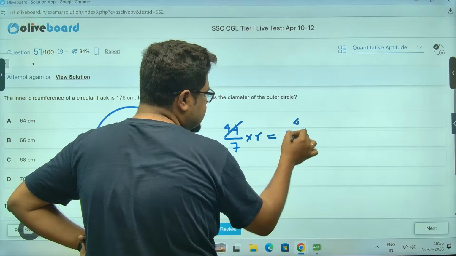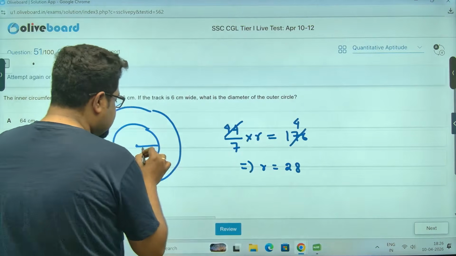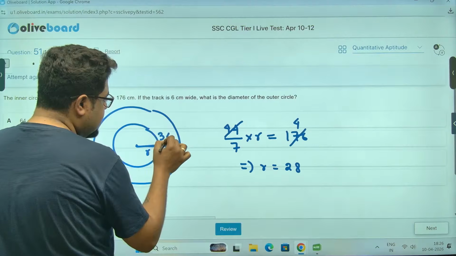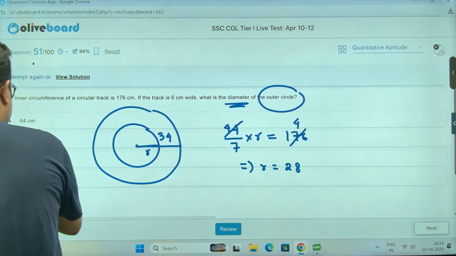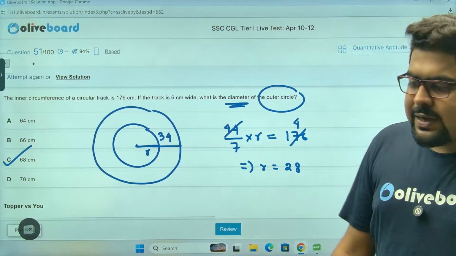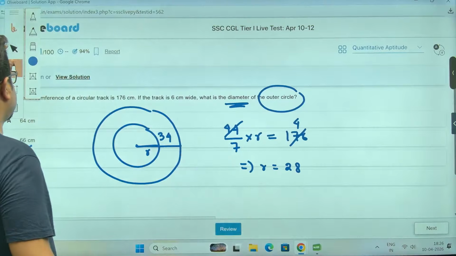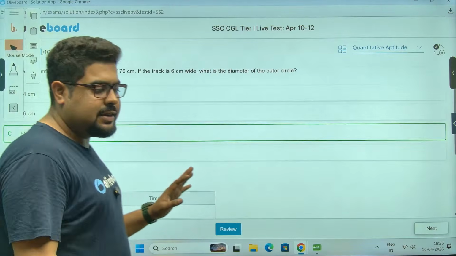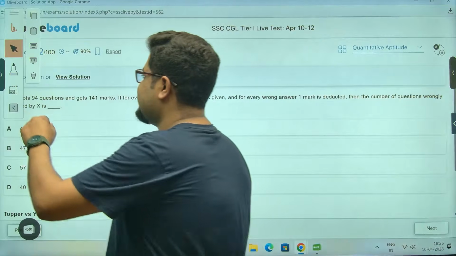This is 4 times, sir. So r is 28. So this is 28, meaning this is 34. Diameter will be, sir, 34 double 68, option C. Option C, 68, without a doubt, 20 seconder at most, right? First question, pretty easy one. Pretty easy, sir. Next one, please.